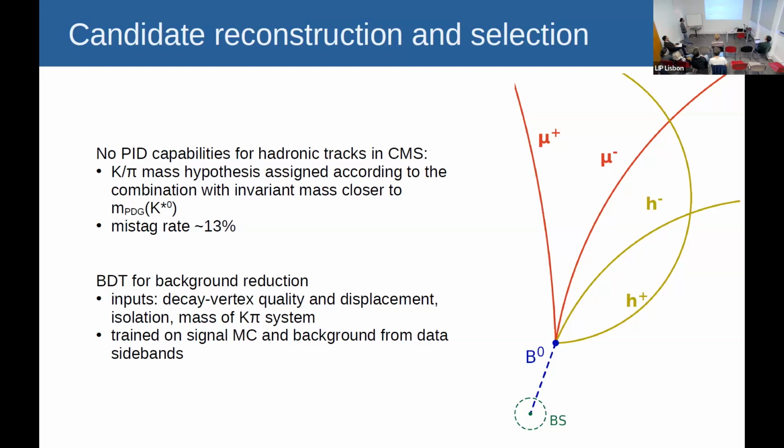This produces a result that has a mistake rate of only 13%, that is quite good, and we will show that even with the mistaken events, where we assign the wrong masses to the two tracks, we are still able to extract physical information from them in the fit. So it's not all bad.